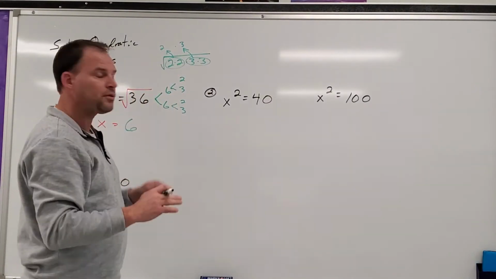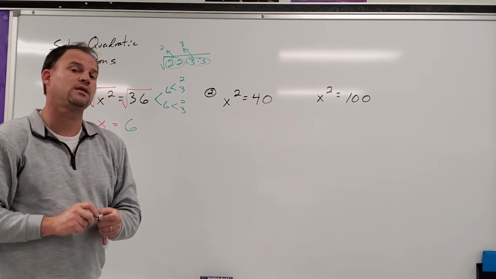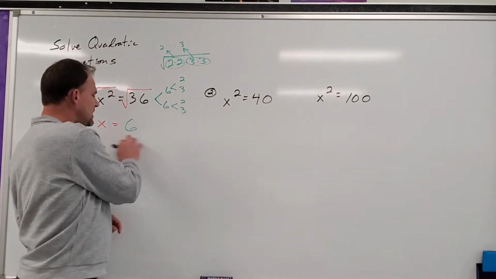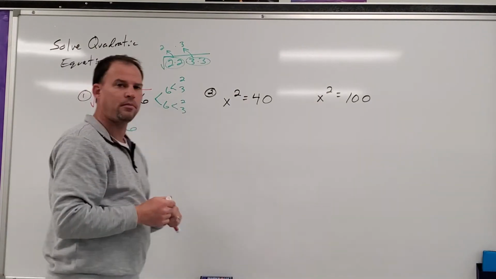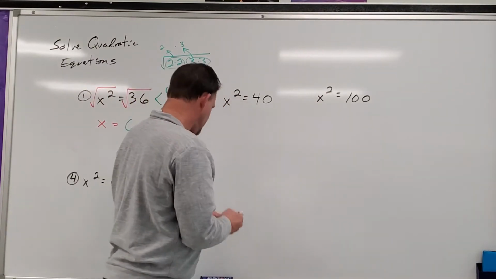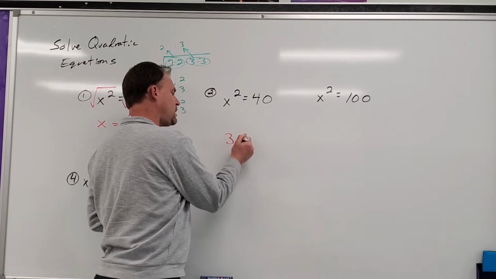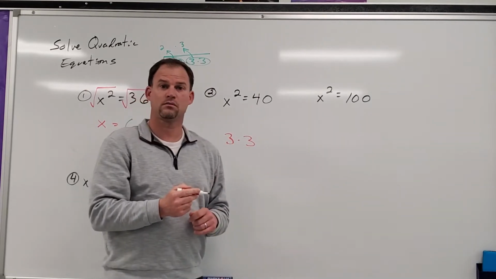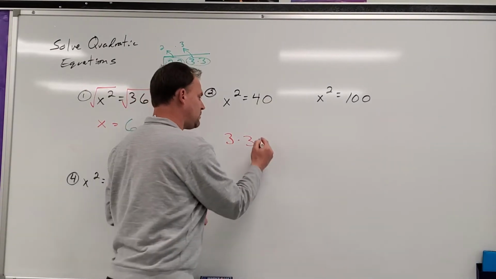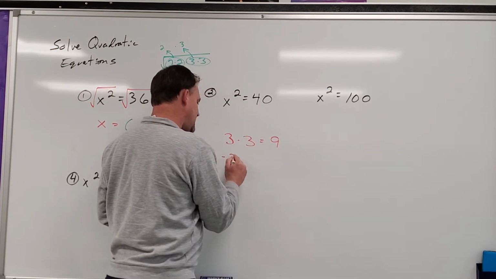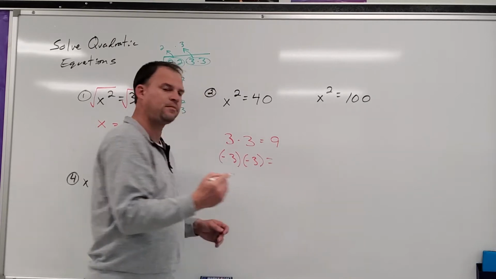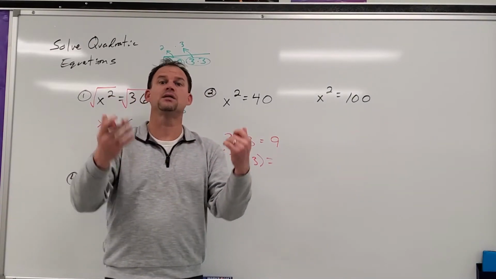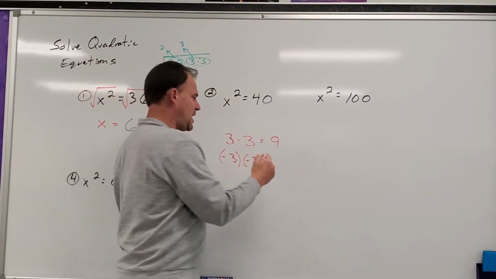Now, a couple of things I want to run by you before we do some more of these examples. This isn't the whole answer. I've got to show you something else here. Put this whole problem on pause for a second. What is 3 times 3? Sure, 9. What is negative 3 times negative 3? Negative times negative is positive 9.